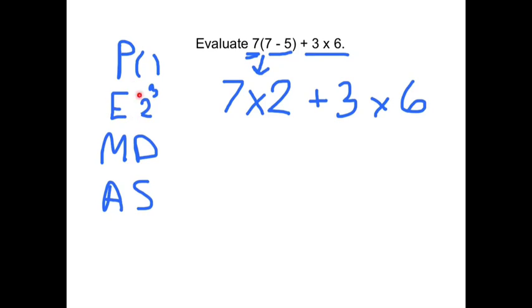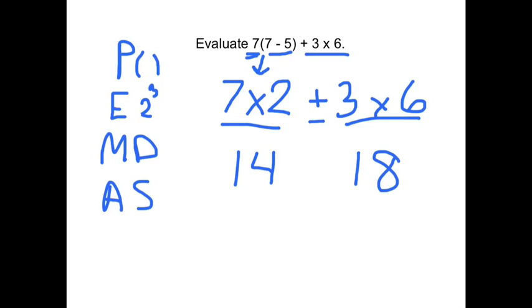I don't see any exponents, so our third step is to do any multiplying and dividing. Only multiplying and dividing, and we always start on the left. So on the left, 7 times 2 is 14, and then this multiplication is 18, and the operation we still got to take care of here is plus.